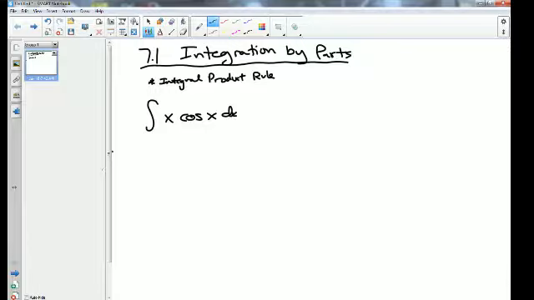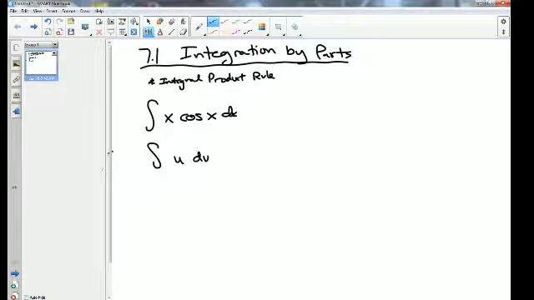So we're going to set, it's just a formula. This is how I remember it: the integral of u and dv.